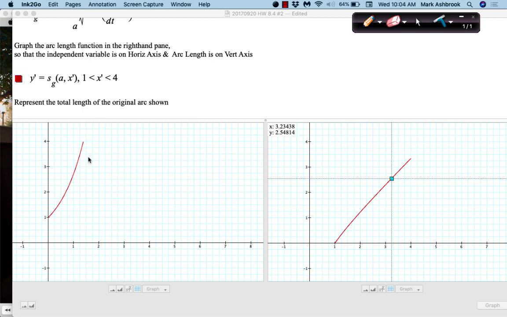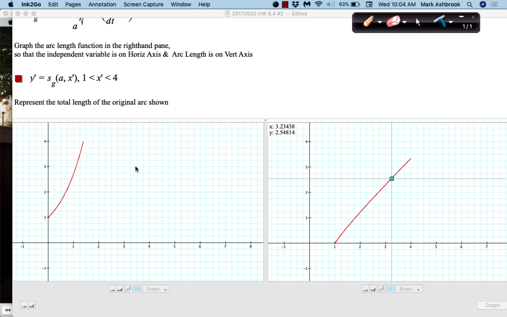Like what symbols would you write to represent that length? How about in the most succinct way possible, the shortest way you can? Okay, what would it be? Is it G of something?